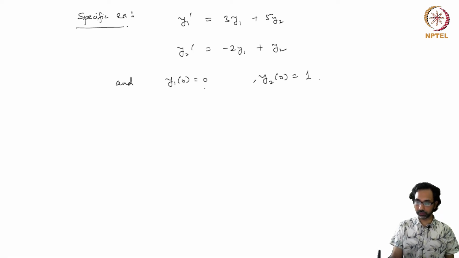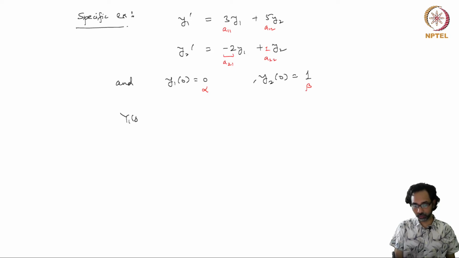So this is our alpha, this is our beta, these are our coefficients a11, a12, a21, a22, and this is alpha and this is beta.